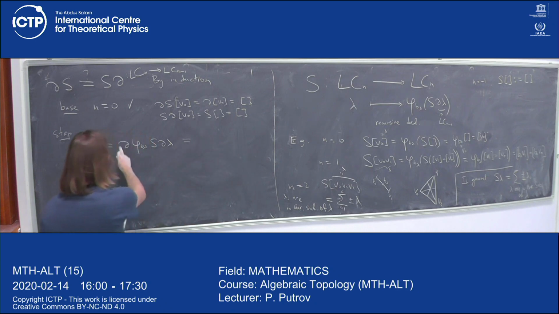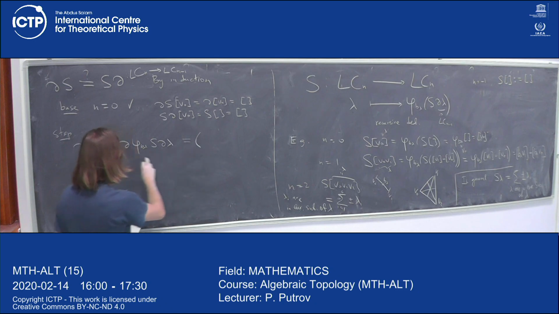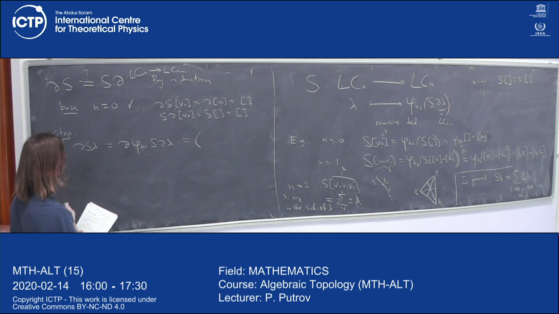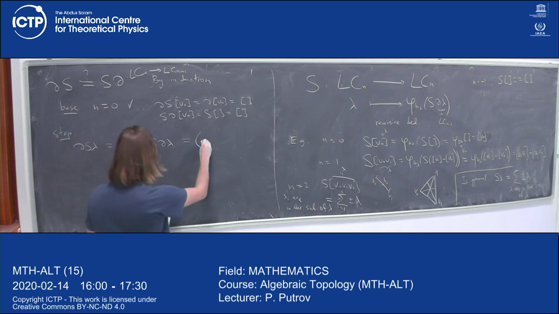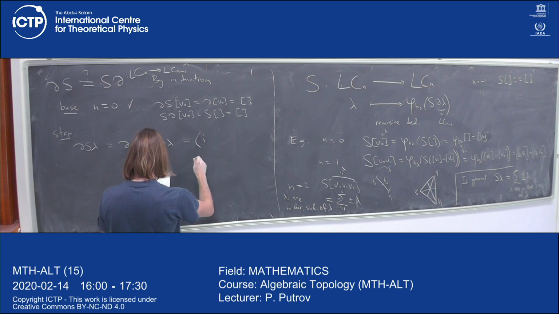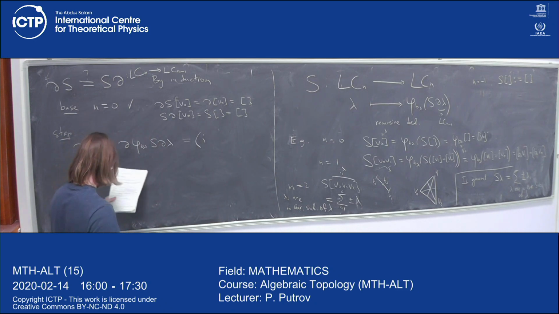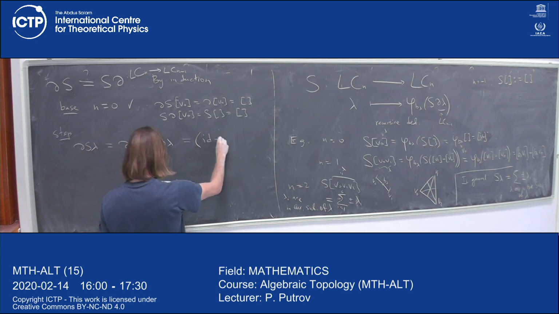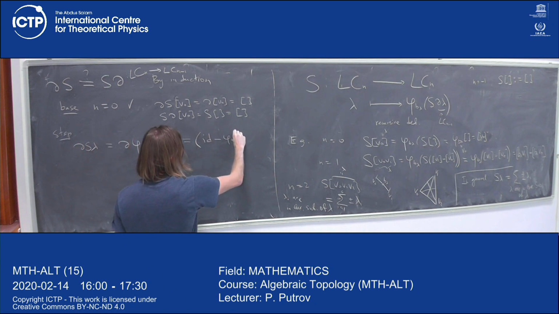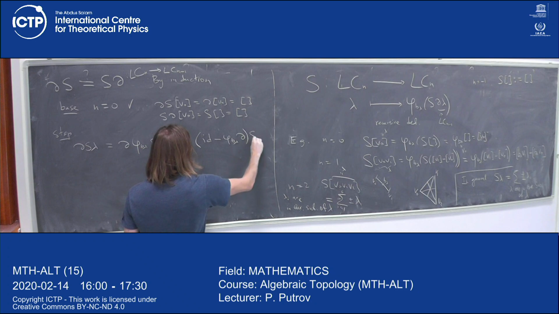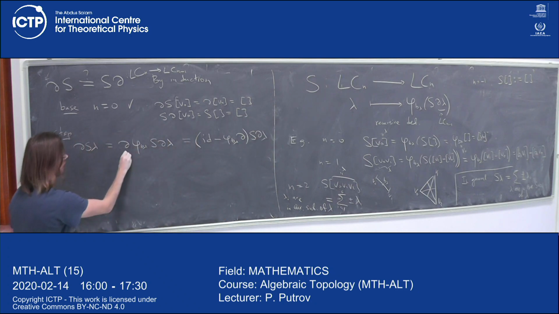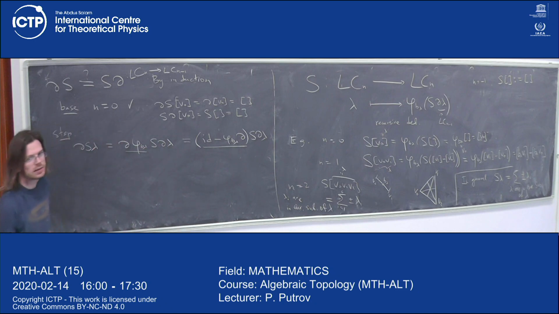And then I showed a certain property for this homomorphism phi d lambda, so we can use it. This part is the same as identity minus phi d lambda d. So we had an equality already shown.